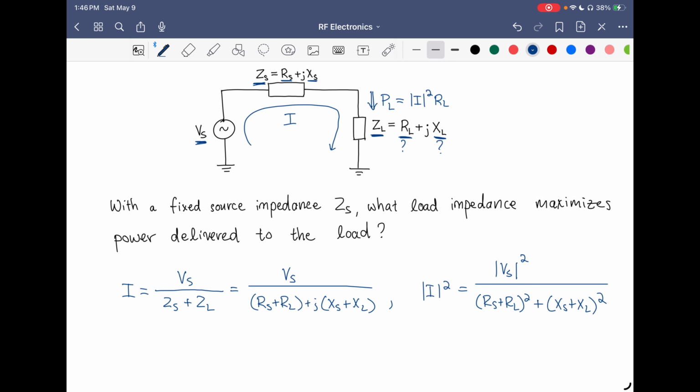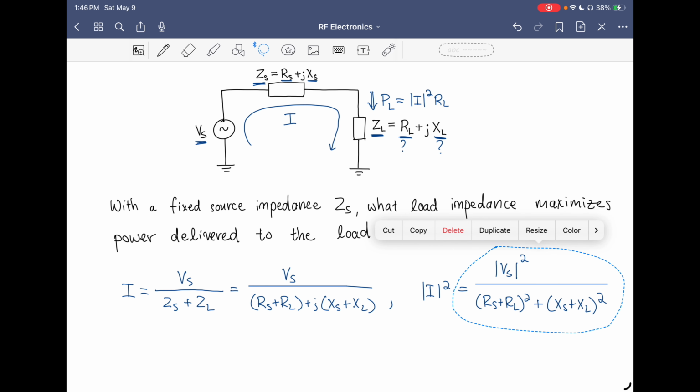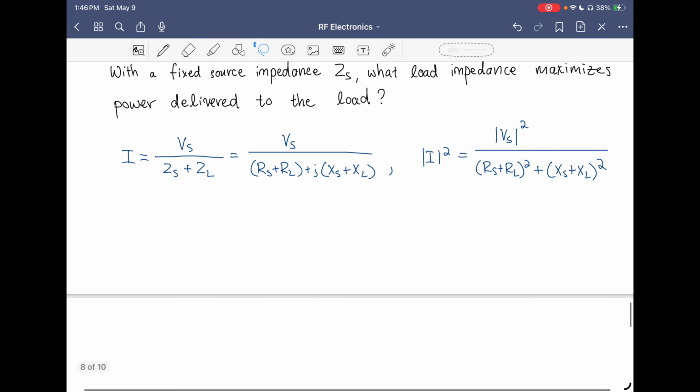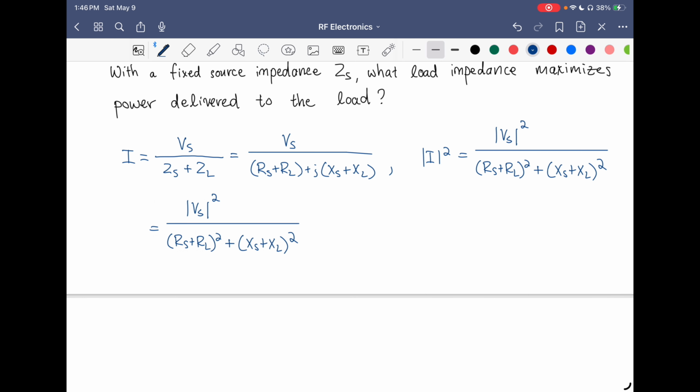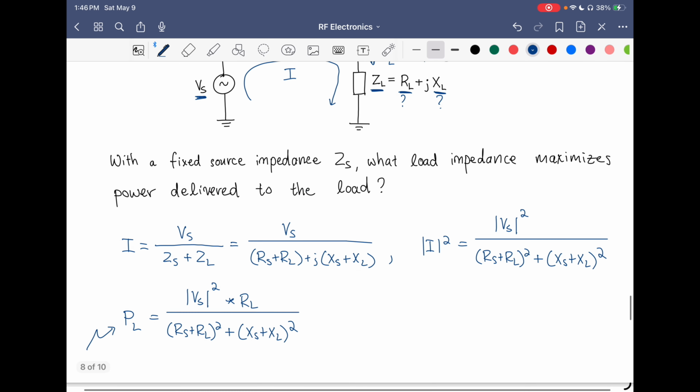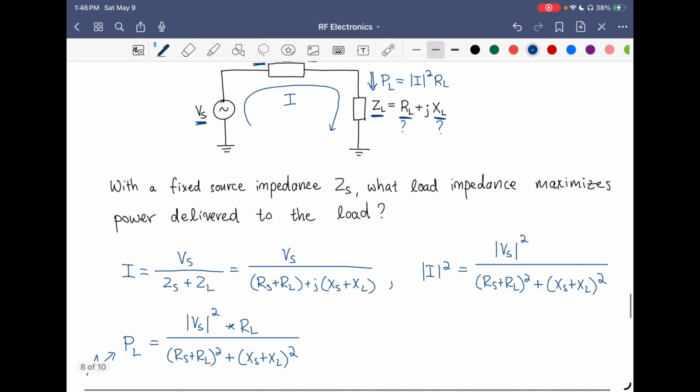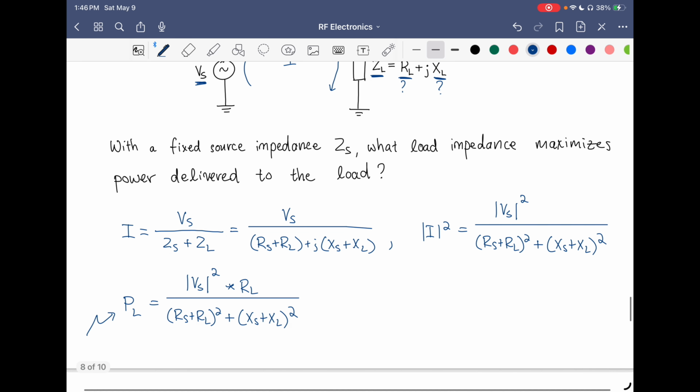And we know that the power delivered to the load PL is going to be this expression times RL. So this gives us the power delivered to the load. And we thus have an expression for the power delivered to the load in terms of the source and load resistances and reactances.